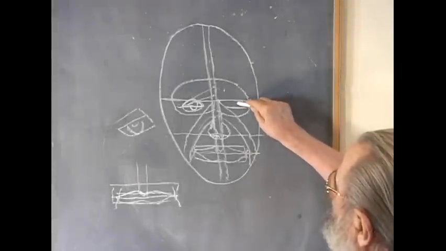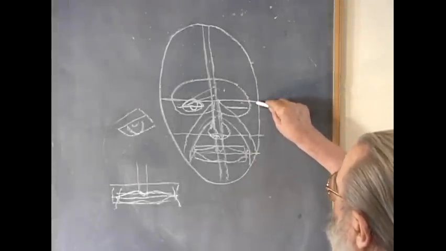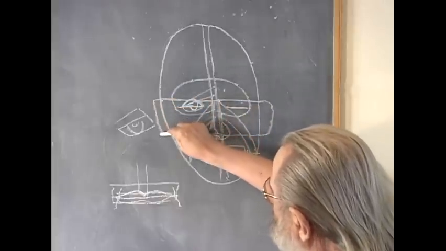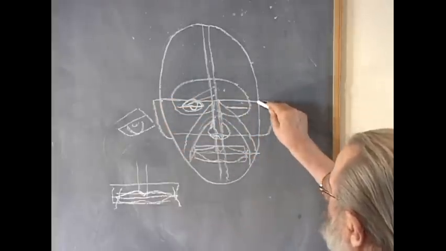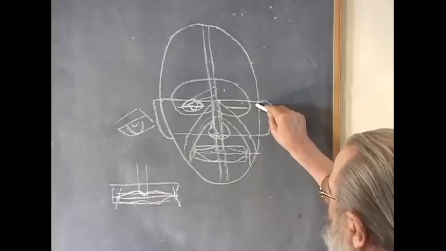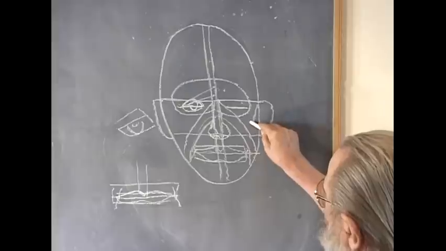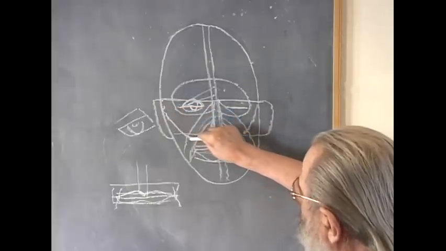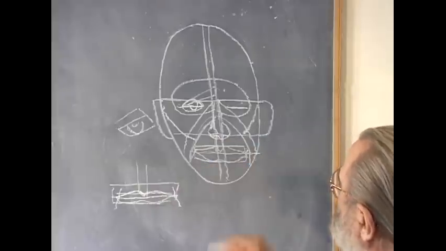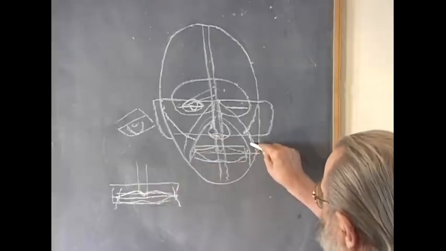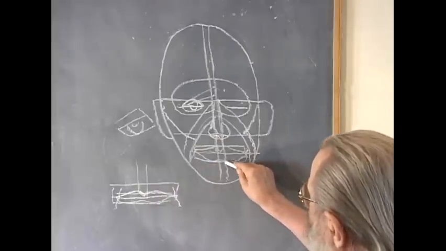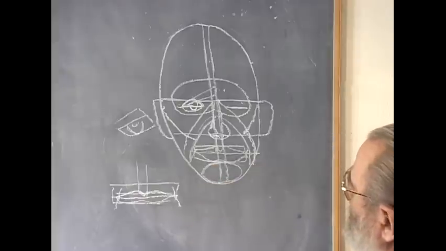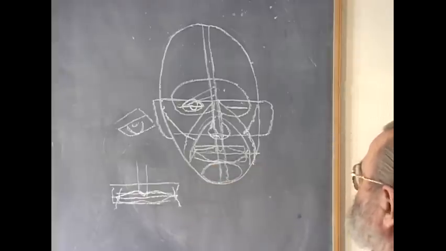Ears are between the eyes and the bottom of the nose, about here, about here. And from the upper part, a line goes towards the nose, which indicates the cheekbone. It's not a complete line, but it shows you that. And then on this line right here, you have the muscle. The chin is a form right underneath the lips.